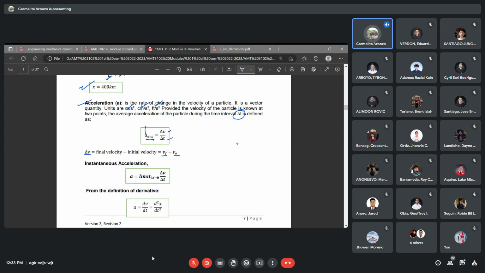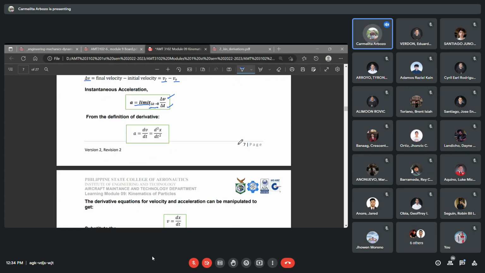So, you have the instantaneous acceleration naman, pwede nating kunin doon sa formula ng average, no? It is now equal to the limit of the change in velocity divided by the change in time as delta t approaches 0.